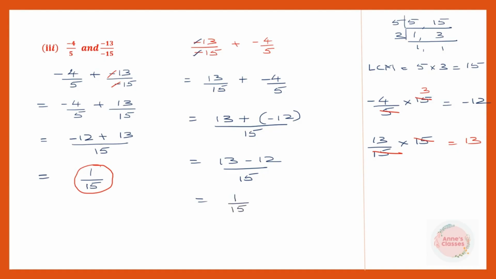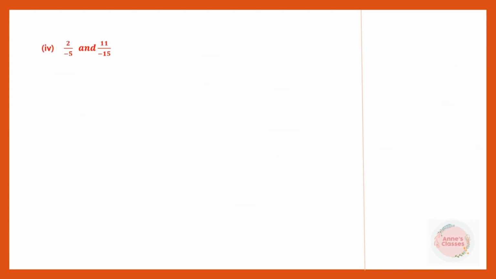So when we add it here, we got 1 by 15. It's the same as the answer that we got here. So we can conclude that when you add minus 4 by 5 plus minus 13 by minus 15, it's equal to the same thing even if the order is reversed. Thus we have verified the commutative property.